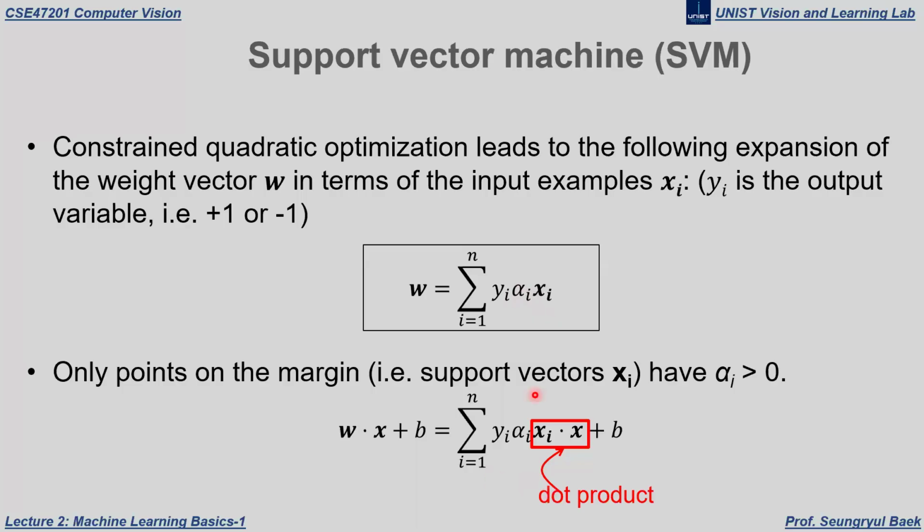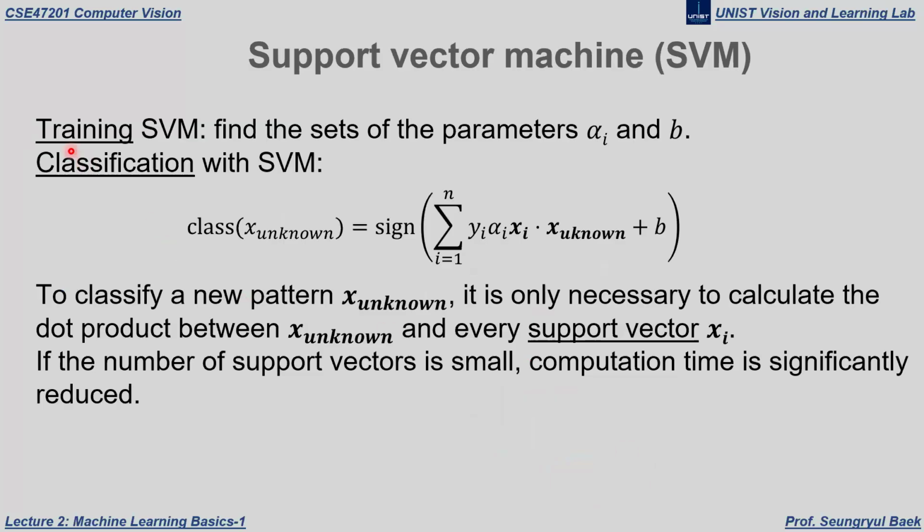But anyways, I just want to tell you about these things. Conceptually, the SVM can be formulated like this. And during the training of SVM, instead of W, you find the alpha value and B. After finding these parameters, for the unknown testing value, you can do the dot product with your training data.